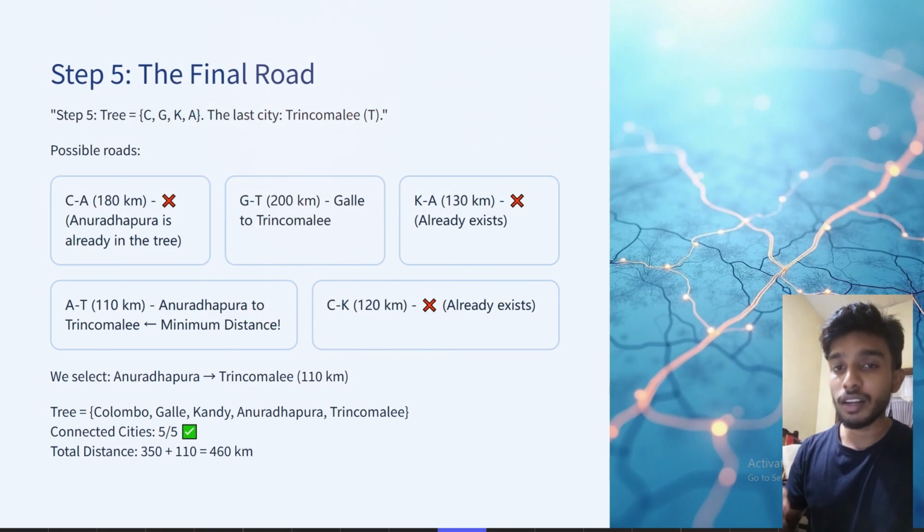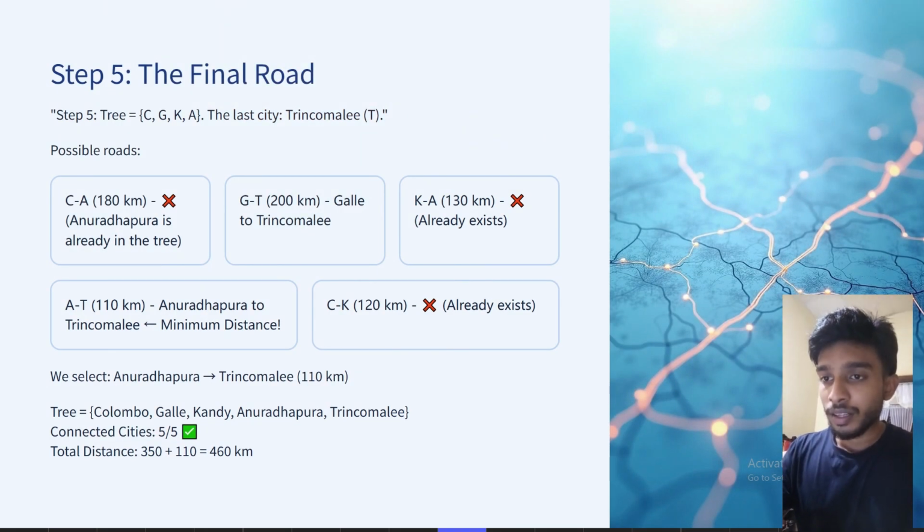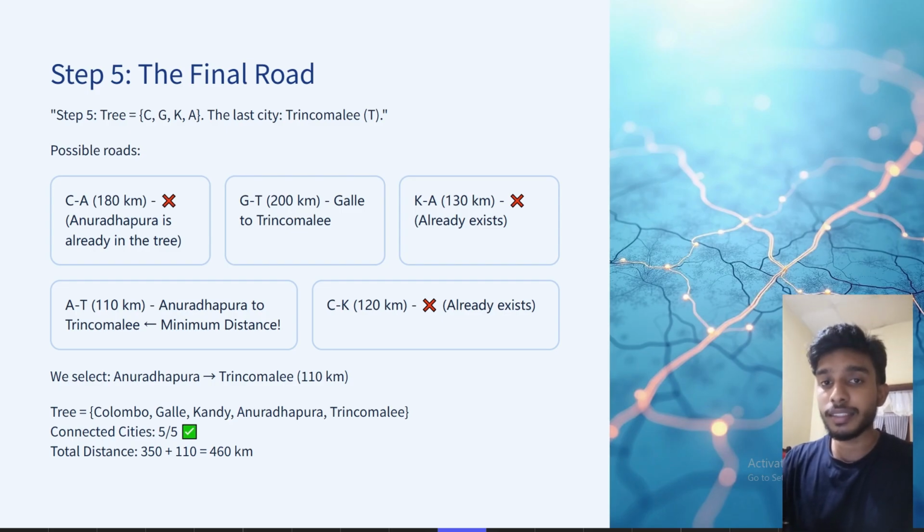Step 5. Final road selection. Now the tree has 4 cities: Colombo, Galle, Kandy, and Anuradhapura. Only Trincomalee remains unconnected.